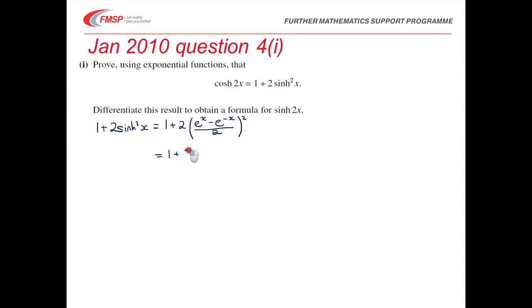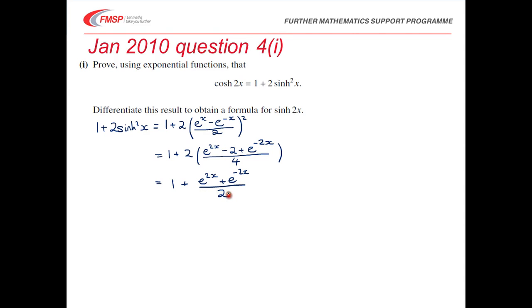Squaring that expression, we get e to the 2x minus 2 plus e to the minus 2x all over 4, and that's the same as 1 plus e to the 2x plus e to the minus 2x over 2.